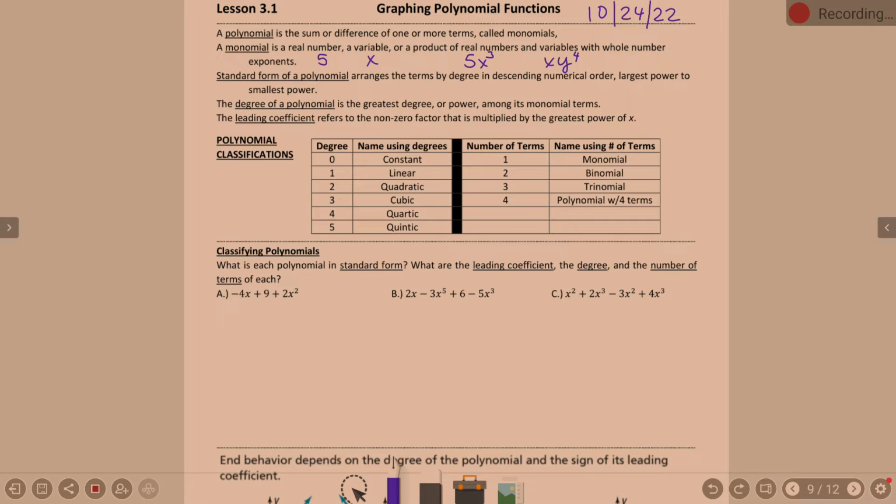We just came off a chapter dealing with quadratics. Quadratics have a highest power of 2. Linear, 1. I don't know that we talk a lot about constant, but constant would have a highest power of 0. A new one to you, quartic, has a highest power of 4. Quintic probably sounds a little more familiar. Highest power of 5.